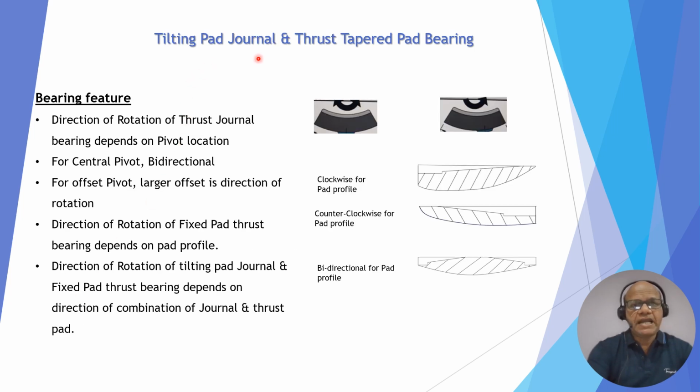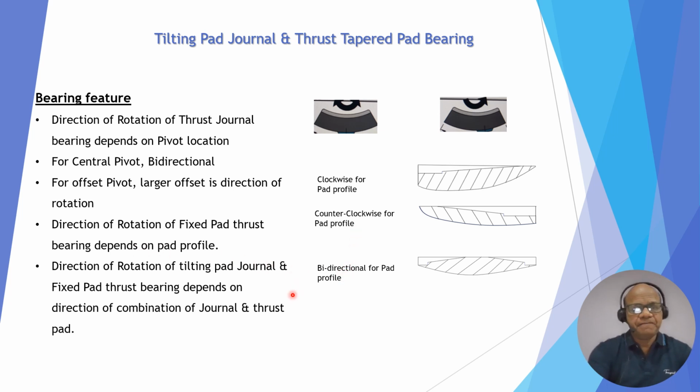Now, the tilting pad journal bearing and thrust taper pad bearing. So what will be the feature? The direction of rotation depends on the pivot, because if it is central, it can be bidirectional. If it is offset, then it is unidirectional. And a taper thrust bearing can be clockwise, counterclockwise, or bidirectional.